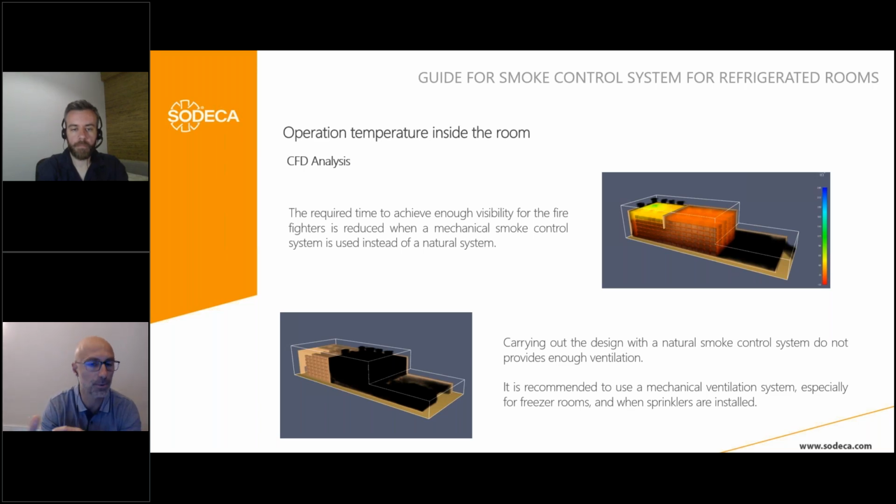Different people from different companies, universities, etc., carried out CFD simulations, and as a conclusion, we saw that with mechanical extraction, the smoke was extracted quicker than with a natural system.